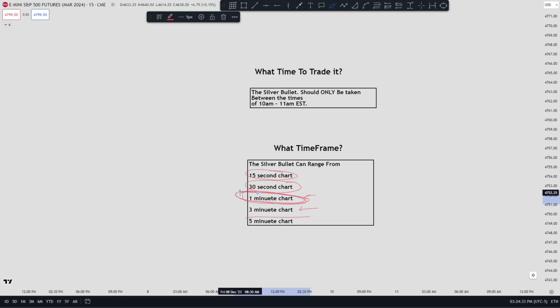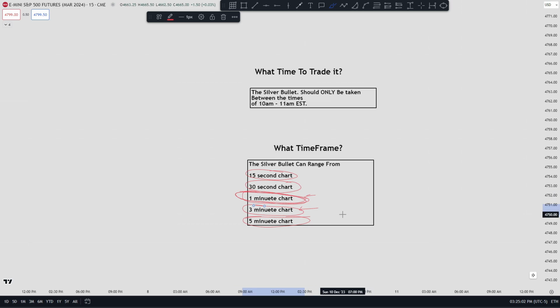But as a beginner, I stress that you guys start on the 5-minute chart and the lowest potentially the 3-minute chart, because those are higher probability and a lot easier to spot than a 1-minute chart. The 1-minute chart has a lot of price fluctuations. As a new trader, that can be a little scary to you guys.